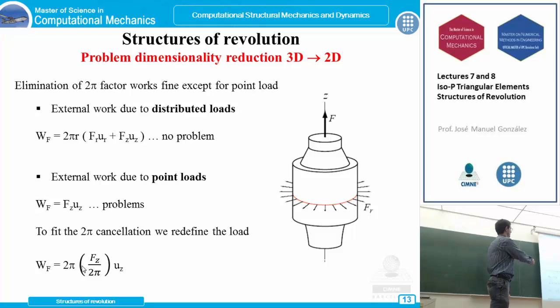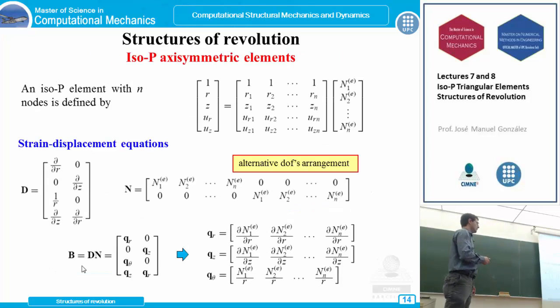Taking into account all of this, now we have all the ingredients to calculate this stiffness matrix and this consistent nodal vector for this isoparametric element with n nodes. That was for the continuum problem. Now we want to use an isoparametric element, in this case an axisymmetric element. So again, for an isoparametric representation, we have this relation between the geometry, displacement and the shape functions.